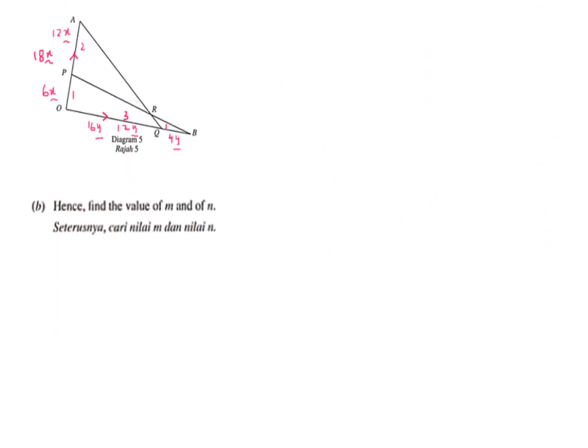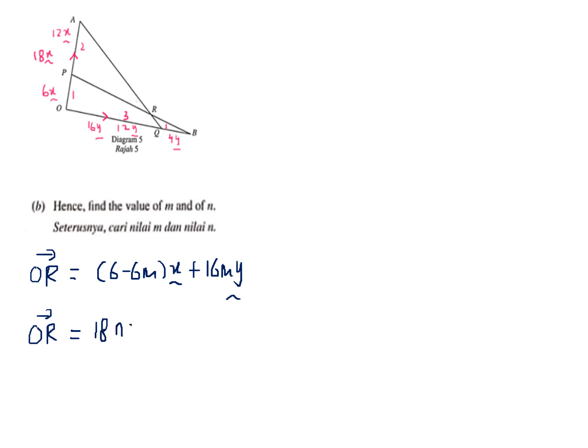Question B. Hence, find the value of m and of n. From question A, we obtain vector OR equals 6 minus 6m vector x plus 16m vector y, and we obtain OR in terms of n, that is 18n vector x plus 12 minus 12n vector y.